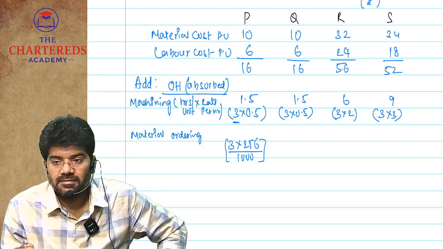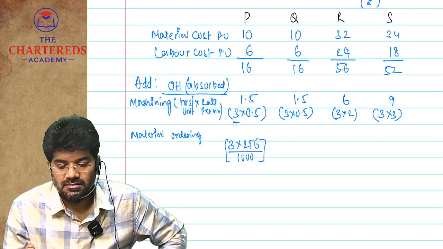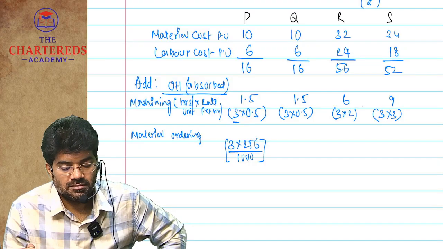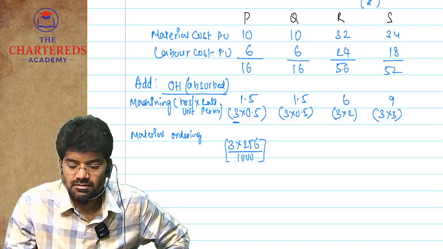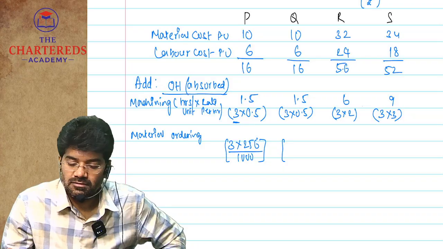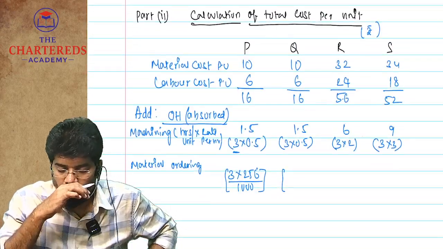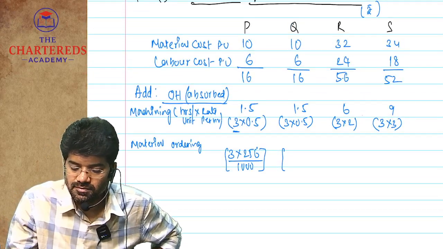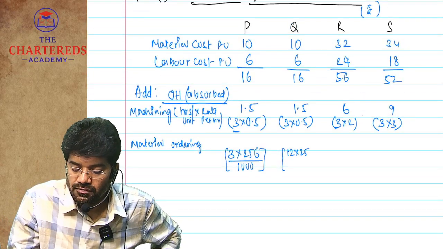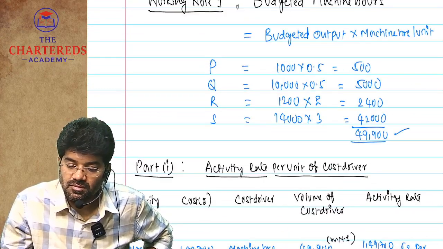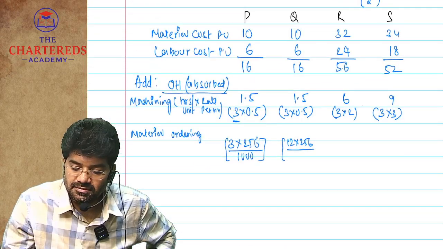You will get per unit. 3 into 256 divided by output is 10,000.